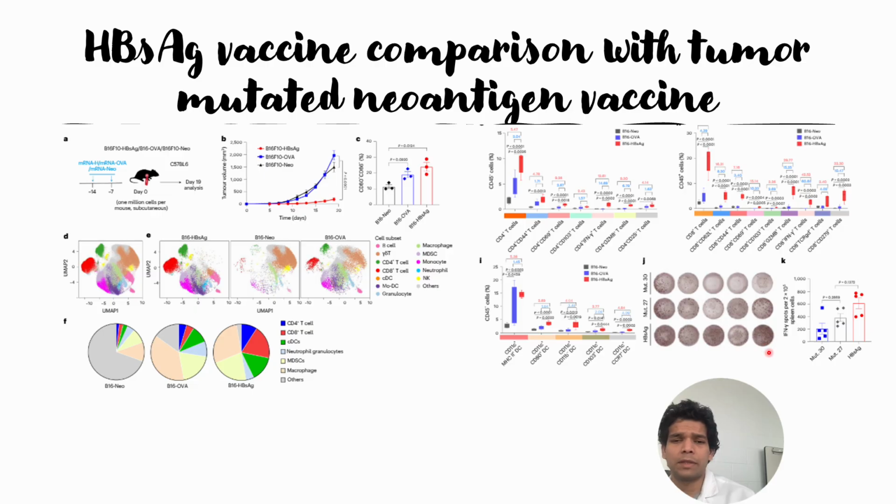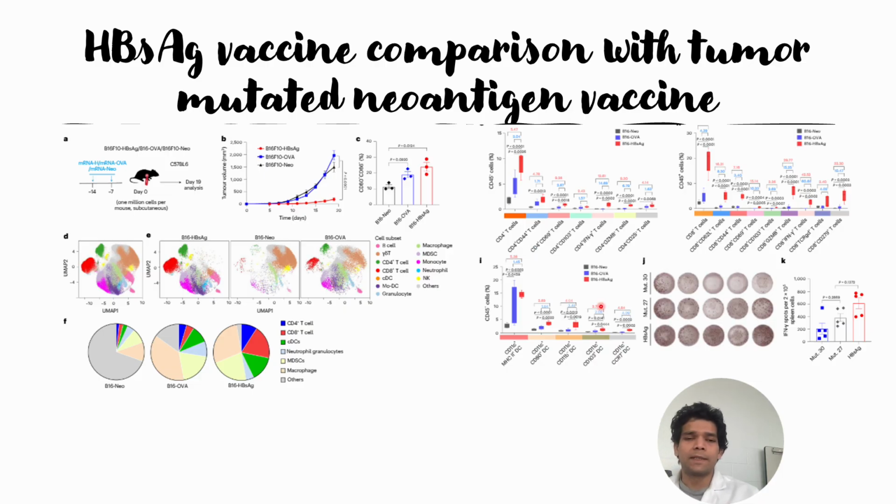That can be seen from the image in panel J, and the quantifications are shown in panel K. These results are also consistent with the previous results, where HBsAg performance seems to be better than the traditionally used tumor mutated neoantigen, and also better than the control.